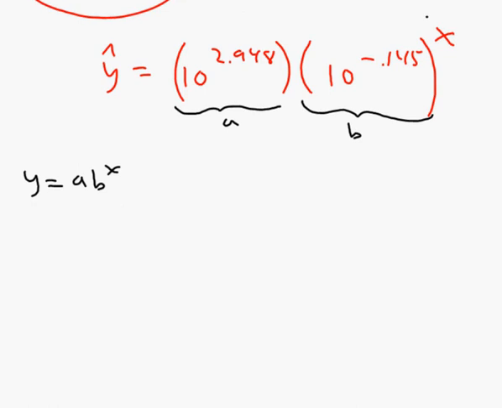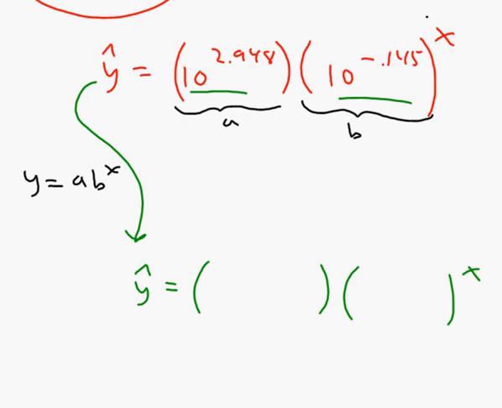So the last thing I'm going to do here is I have these expressions like 10 to the 2.948 power right here, and I got 10 to the negative 0.145. Let's finish off by typing those into our calculator to get actual numbers. Because if I do that, it's really going to look just like y equals a times b to the x. So 10 to the 2.948 power equals 887.156.